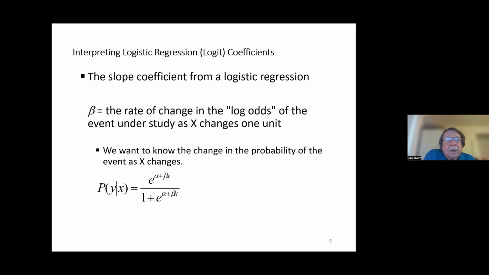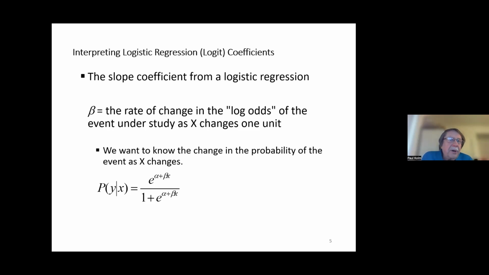And so the way that we look at logistic regression is not so much in terms of the actual regression coefficients, the betas, but what is more understandable is to look at the change in the probability of the event as the independent variable changes.